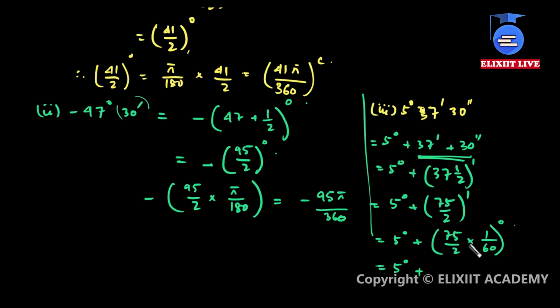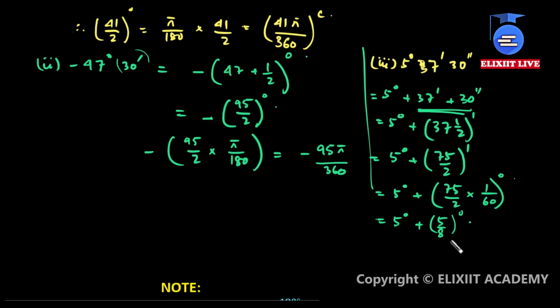Simplify this thing, whatever is the answer. How much are you getting? 15, and this will go with 12. So this is actually 5 by 8 degree. So 5 whole number 5 by 8 is basically 45 by 8 degree.